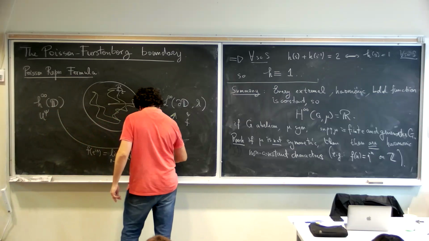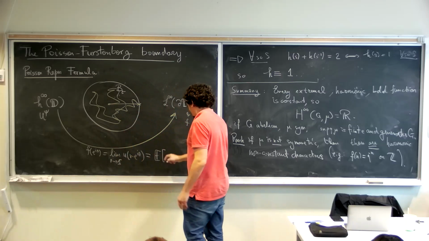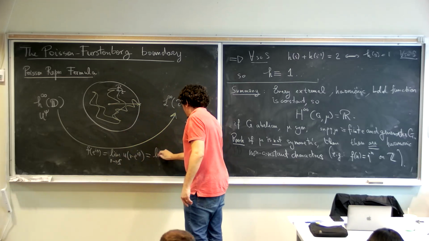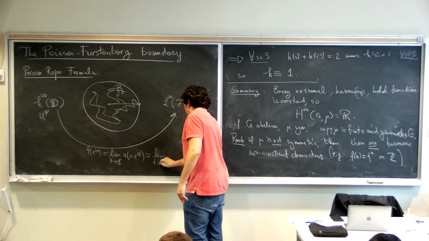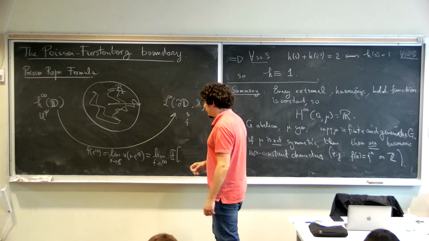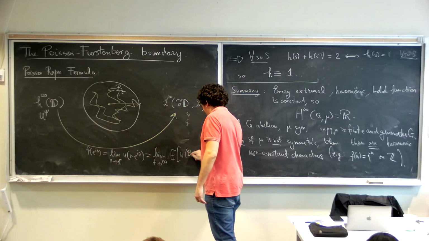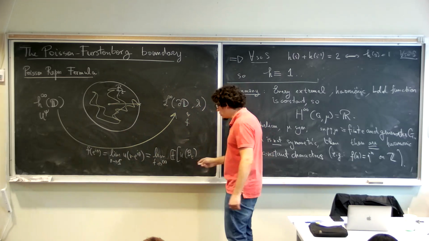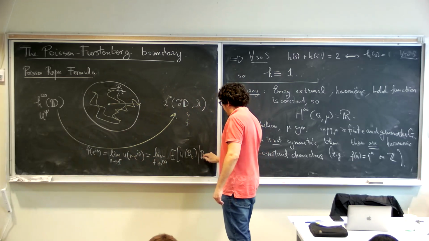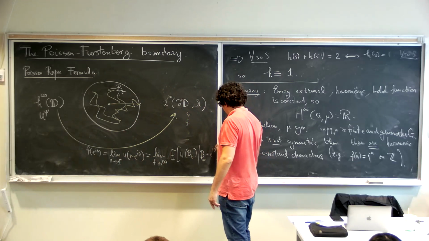This will be the limit, as t, the time, goes to infinity, of the expectation of the value of u over the Brownian path, conditioned on the fact that the Brownian path at infinity converges to e to the i theta.